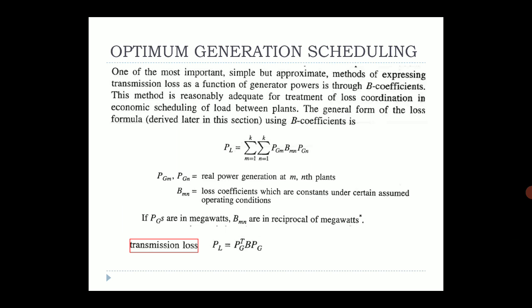The general form of the loss formula is derived; we'll be talking about that using the B coefficient. You need not bother. As we have said previously, the transmission loss is a function of power at different buses.